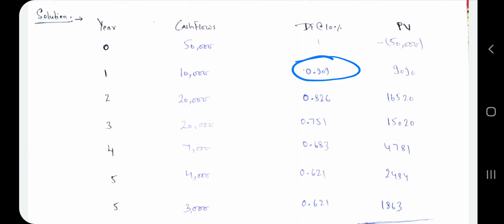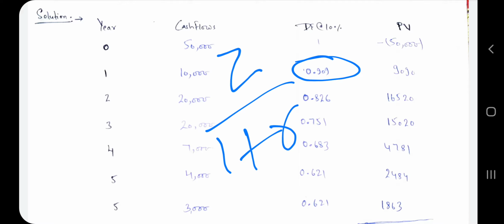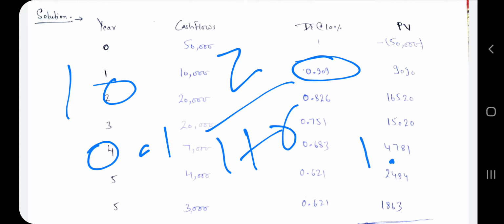The discount rate is given as 10%, and our formula is Z upon 1 plus R. So R is 10%, that means 0.1, and 1 plus 0.1 gives 1.1. Right now we do not consider the cash flow, we simply find the discount rate per year.